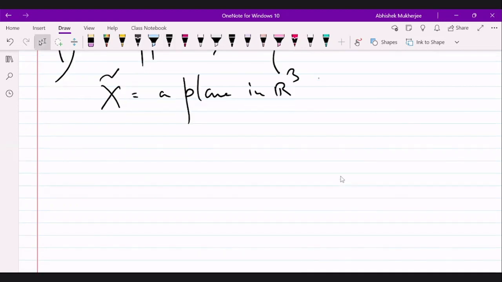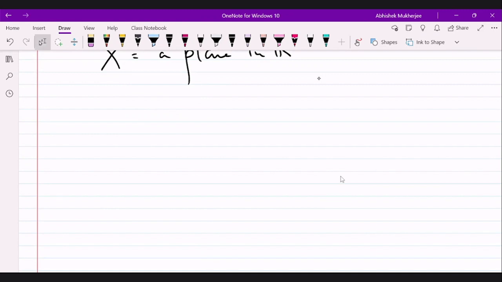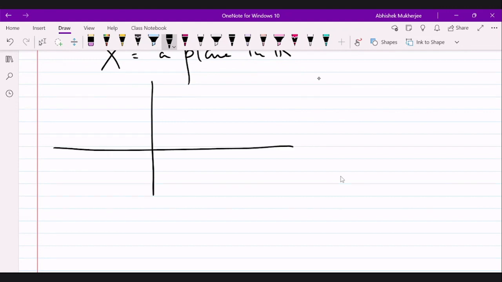The points of X tilde can be equipped with some coordinates. Suppose this is a plain paper, and we are taking a right circular cylinder here.